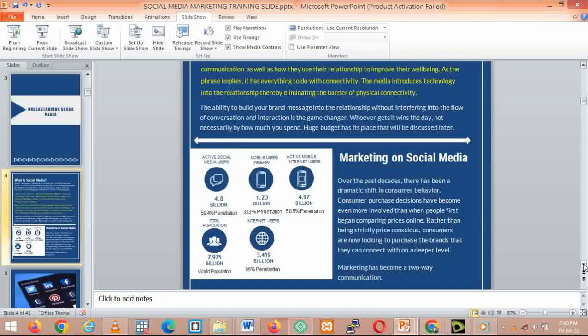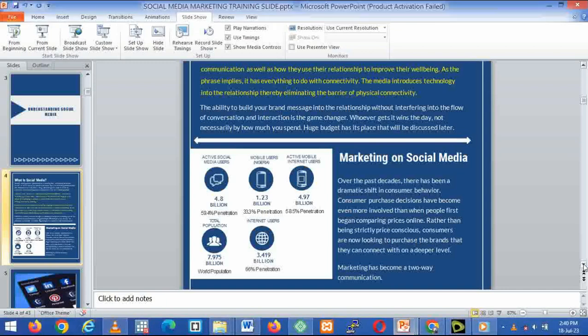That's 59.4% of the entire world population is on social media. And the world population as at 2022 stood at 7.9 billion humans, which 2023 now is 8 billion plus. And you see that almost everybody now is on social media.